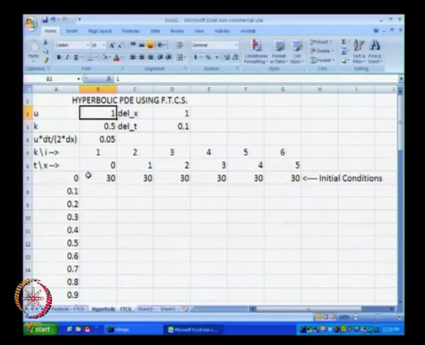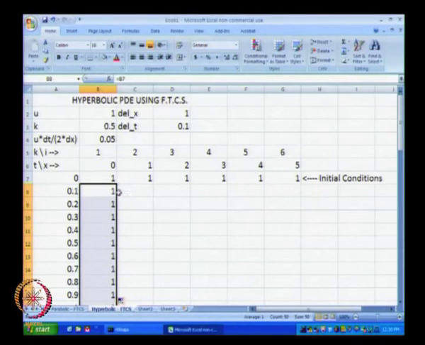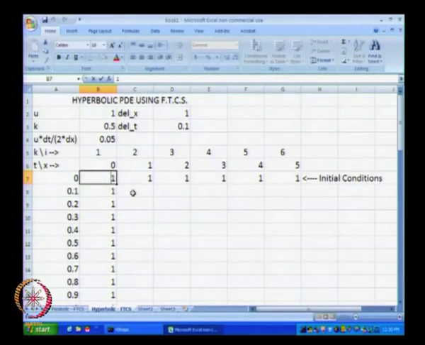Now, initial conditions throughout we had 1, 1, 1, 1, 1 and 1. Those are going to be our initial conditions, and what we have over here is that at the inlet our values do not change. So, these are going to be the inlet conditions. We have the initial conditions over here, and the inlet conditions in this particular row.